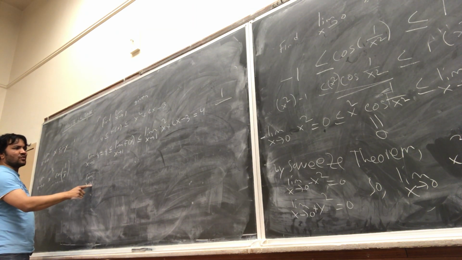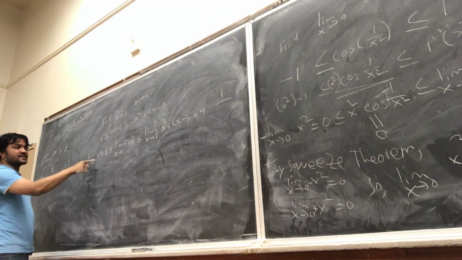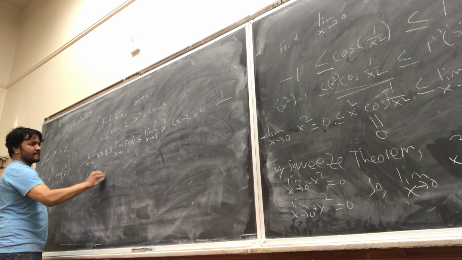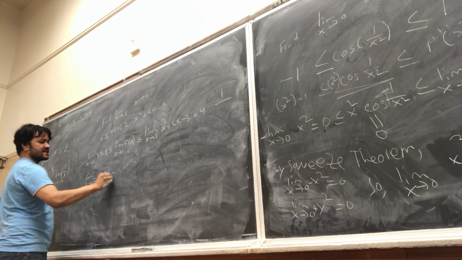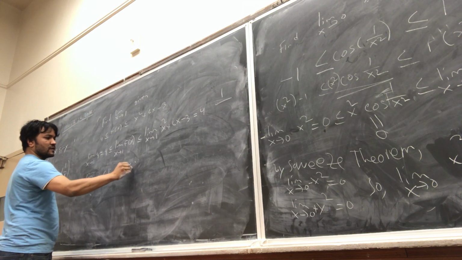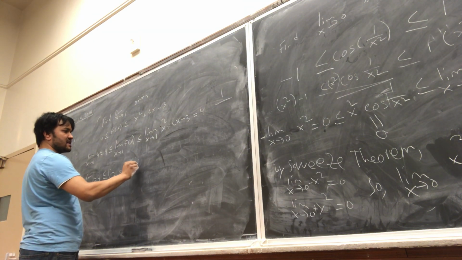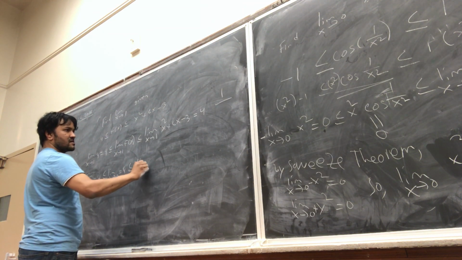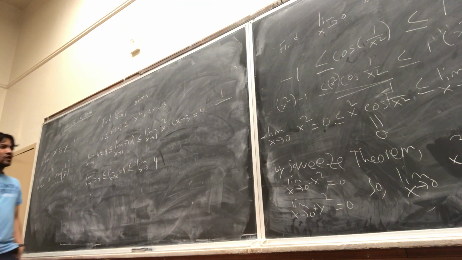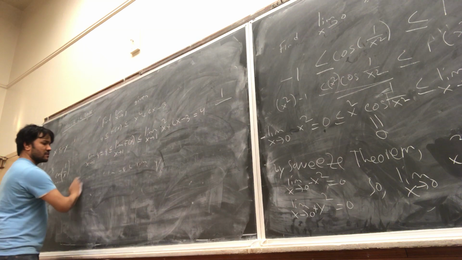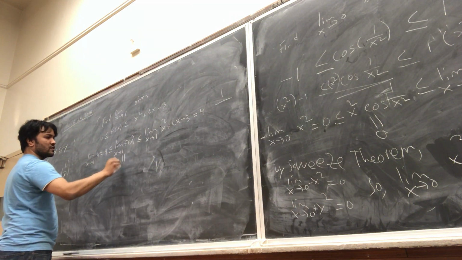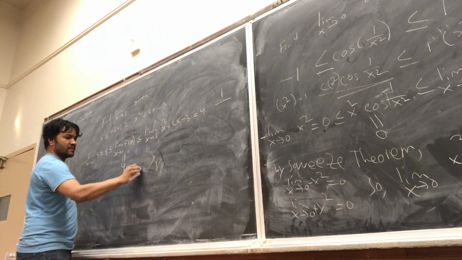So the limit as x goes to 1 is 4. The limit as x goes to 1 of f of x, this quantity, is also 4 because it is squeezed by these other two quantities. Does that make sense? Or you can write it like this: this is also 4 by the squeeze theorem.